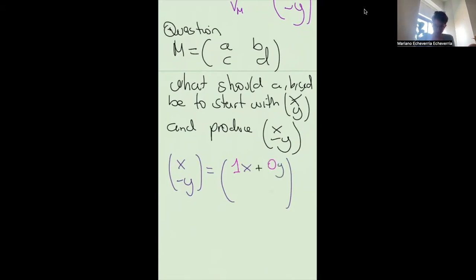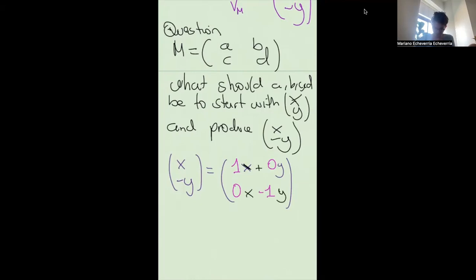And then there's no x in the second entry, so let's put 0x minus 1y.